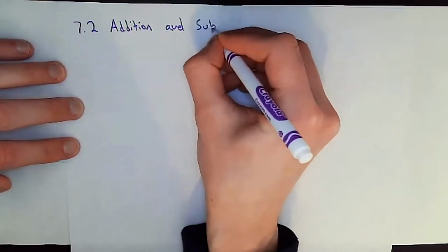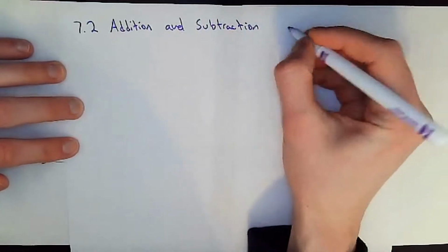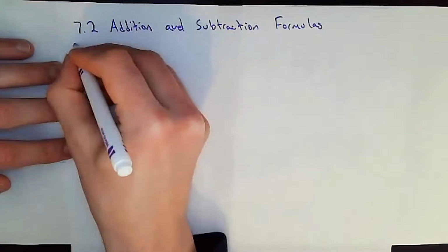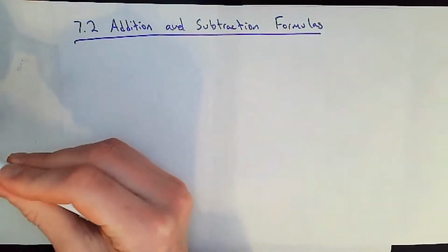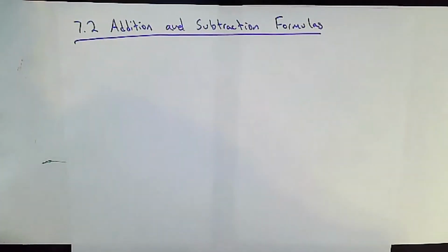But maybe hard to motivate, I'll be honest with you, the whole verifying identities thing. In my experience as a mathematician, having gone through the calculus sequence and other applied math classes, differential equations, partial differential equations, I don't have a lot of experience in applied math, but the little that I do, you don't ever really verify identities.